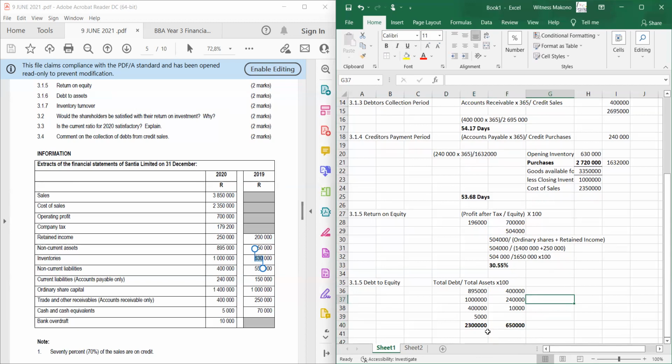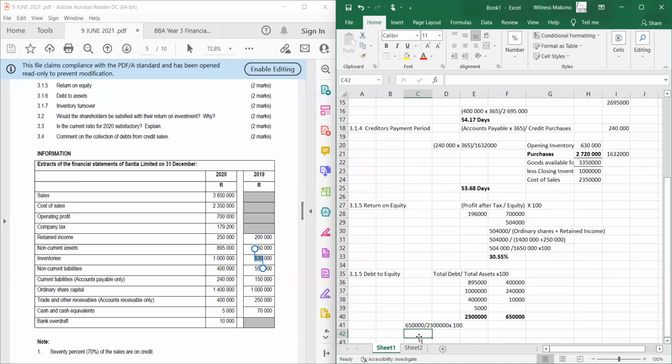So which is equals to debt. It's actually debt to asset. Ne? So it's this over this, which is equal to 650,000 divided by 2,300,000 times 100. What do you get?